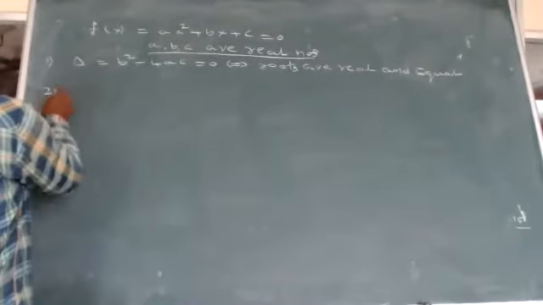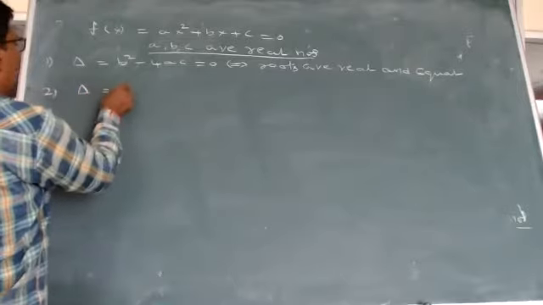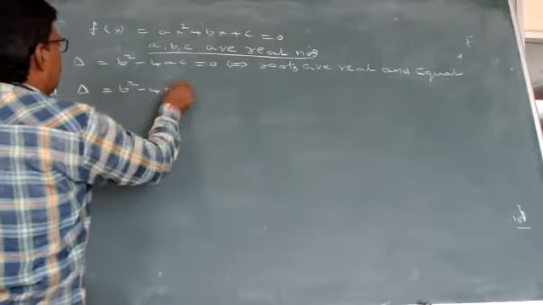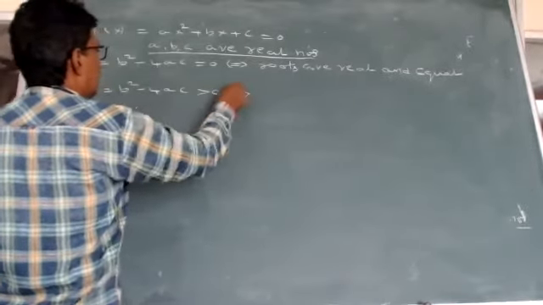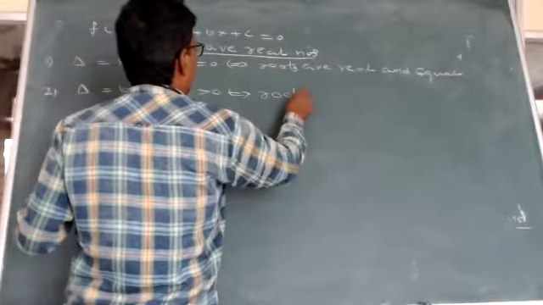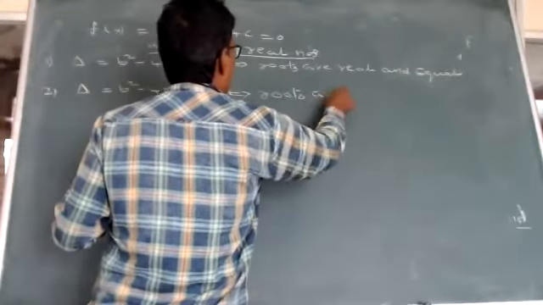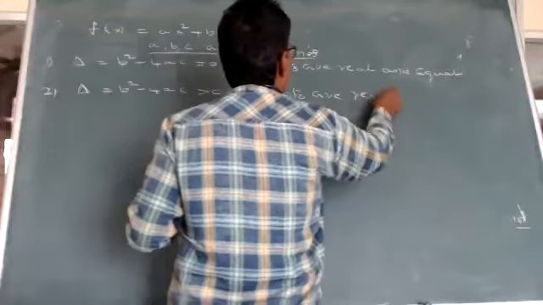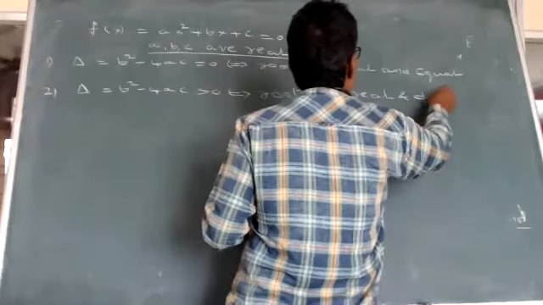Number 2, if delta b square minus 4ac greater than 0, the roots are real and distinct.